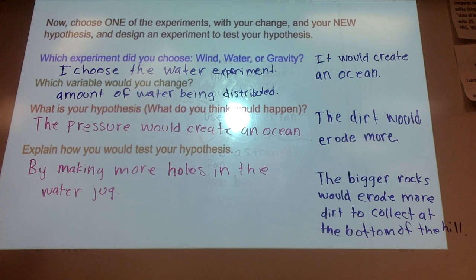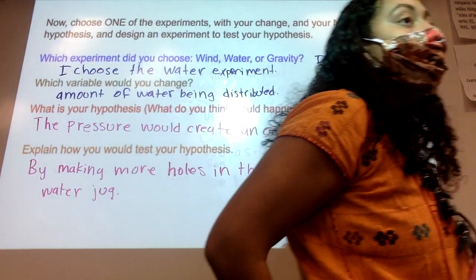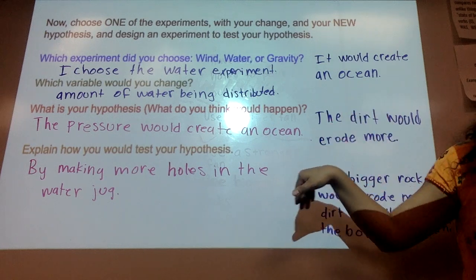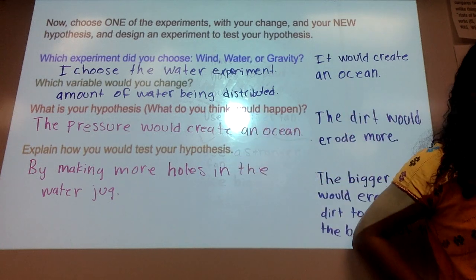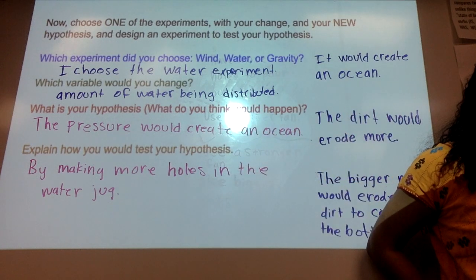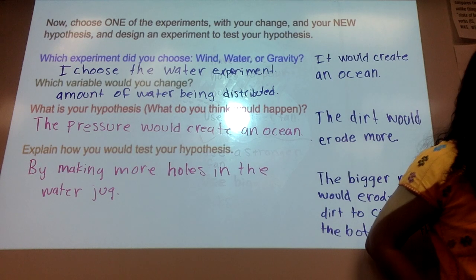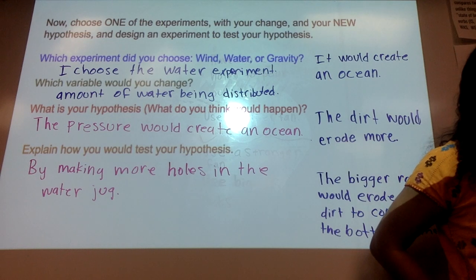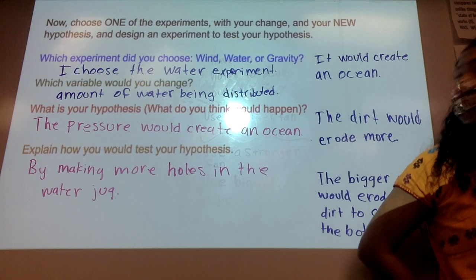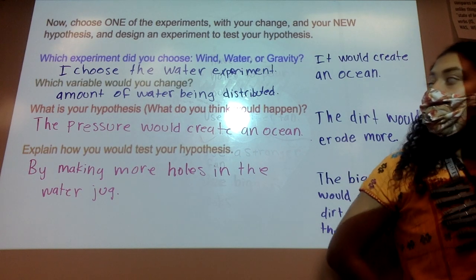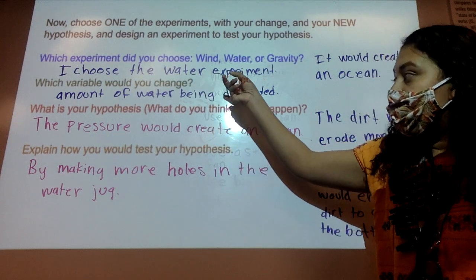Thank you. What would you do if your favorite is gravity? Gravity. No, raise your hand, please. Okay, you got it? Elian, do you have it? Nope, not yet. Yes, Noah? What would you put down if your favorite thing was gravity? So I chose the gravity experiment.